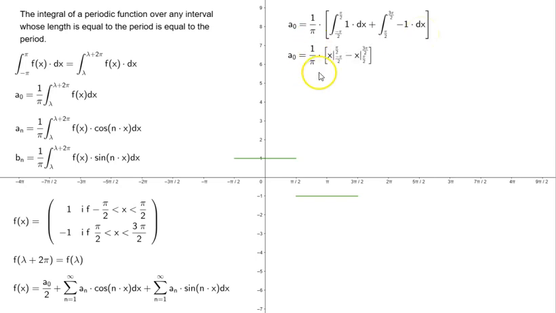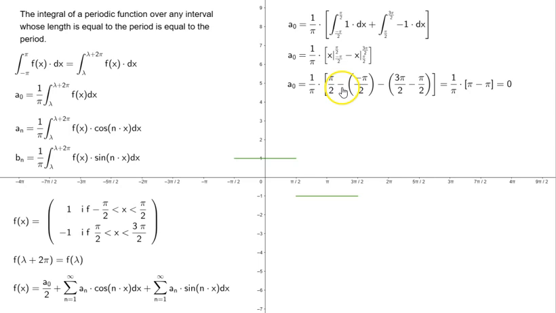A naught is equal to 1 by pi times the integrals are pretty straightforward. Integral of 1 is x. Minus 1 is minus x. So x in this interval minus x in this interval. So a naught is equal to 1 by pi times, for this first, we substitute pi by 2.